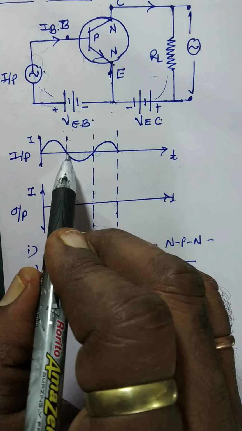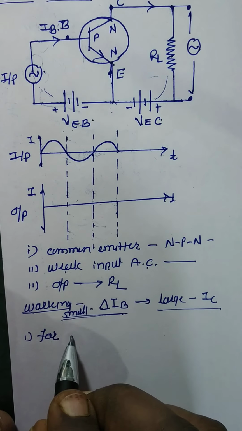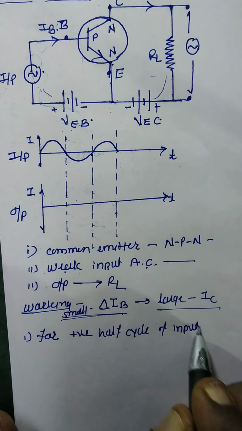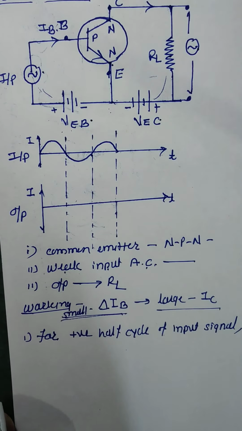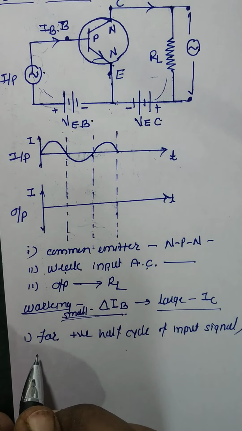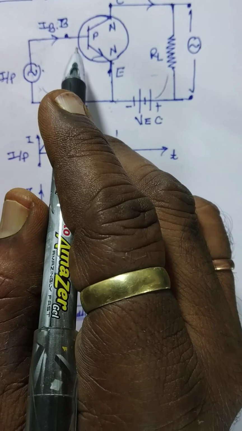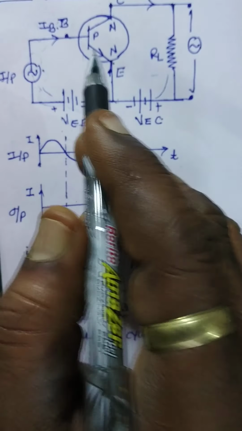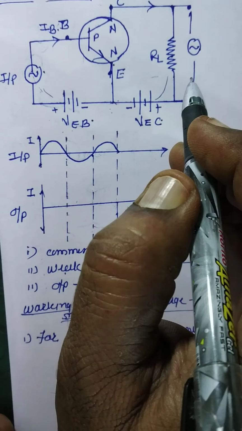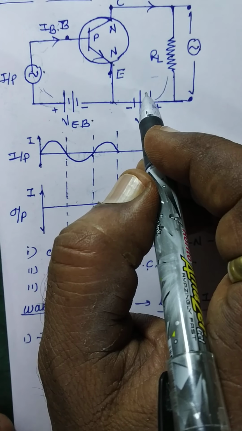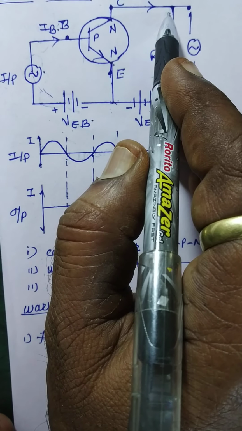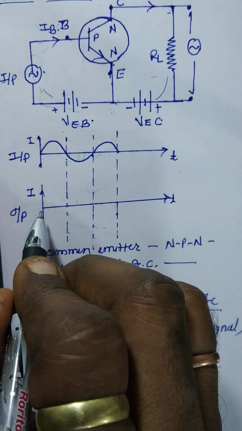First, for positive half cycle of input signal, forward bias emitter base junction increases, and therefore collector current increases, and hence output voltage across load resistance increases.